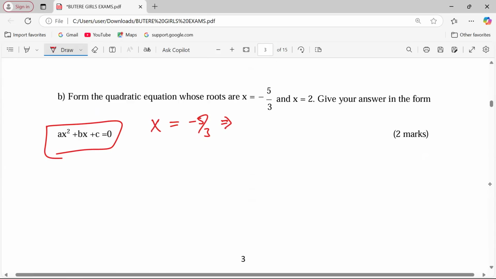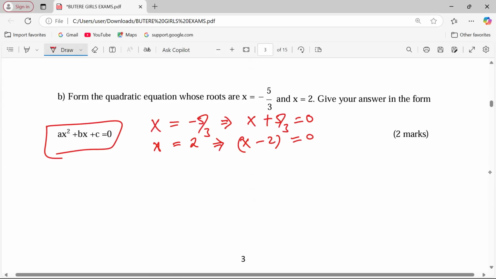This translates to x plus 5 out of 3 equals 0. If it is true that x equals negative 5 out of 3, then if we bring the constant to the left-hand side, we shall have it added, then we remain with a 0 on the right-hand side. Again, if x equals 2, this implies that x minus 2 is equivalent to 0.